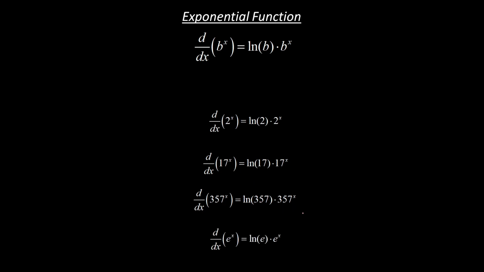Now, a special case is when the base is e. And so here's the pattern. Nothing's changed. However, log e is 1. And so we get this case that the derivative of e to the x is itself.